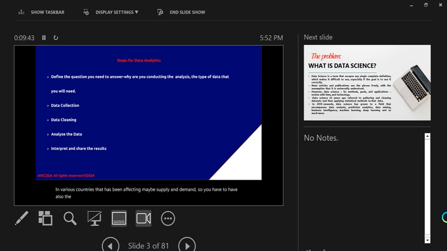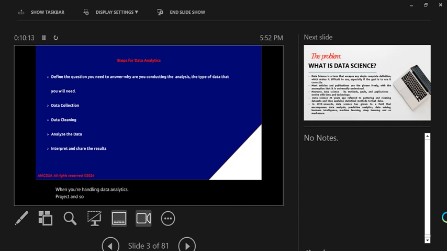You don't just make your interpretation sticking to what you have seen, but when you are explaining the reasons, you try to cut across and look at what is happening globally and so on. So it means that you need to have diversified knowledge. So basically, these are just the steps that you need to follow when you are handling a data analytics project and so on.